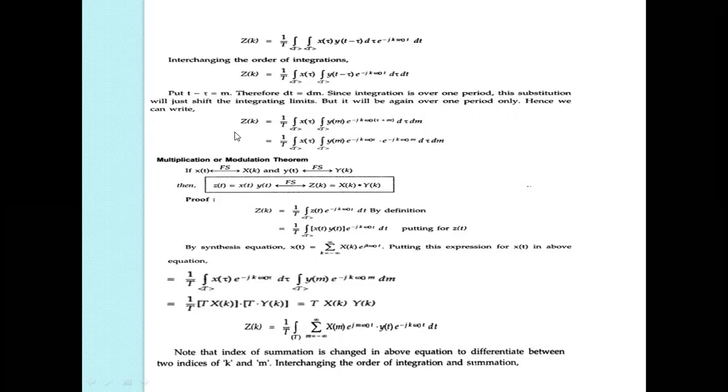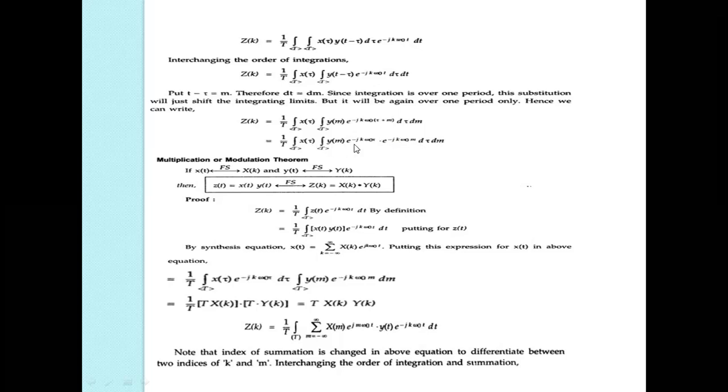Hence, we can write z of k is equal to 1 by T, the integral over T of x of tau, and with t minus tau equal to m, e power minus jk omega naught, t is now m plus tau, d tau, and dt is equal to dm. So 1 by T, the integral over T of x of tau, integral over T of y of m e power minus jk omega naught m dm, e power minus jk omega naught tau d tau.